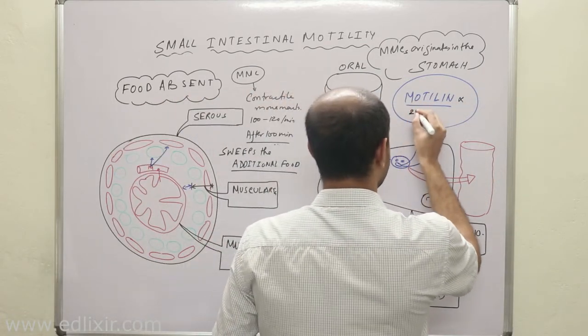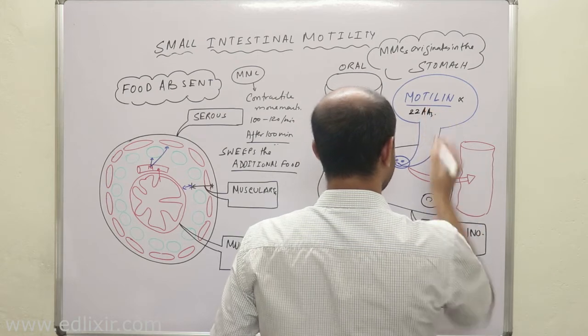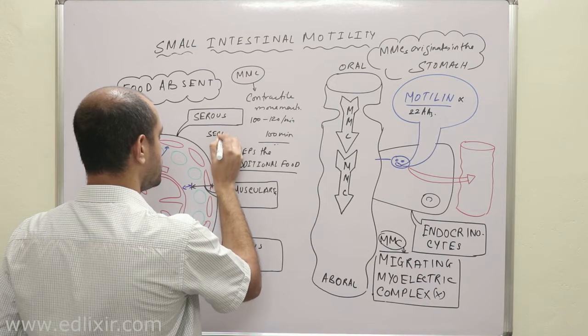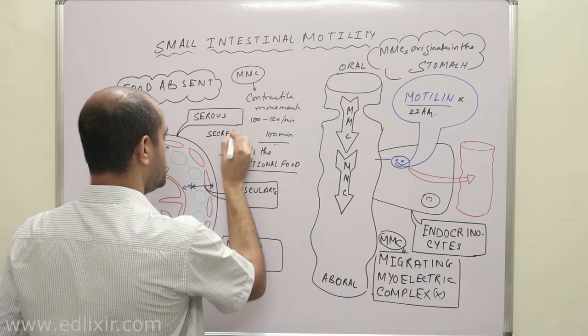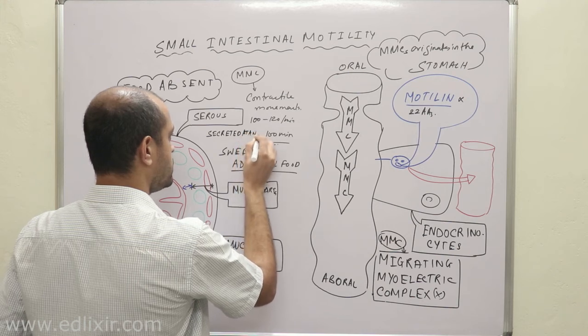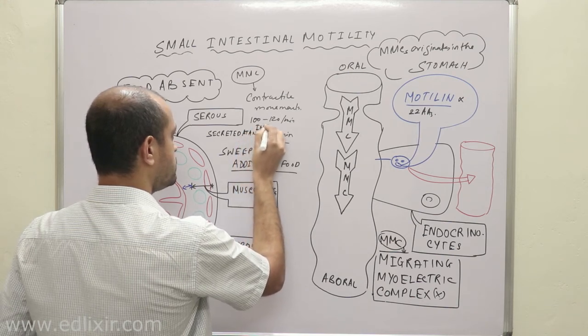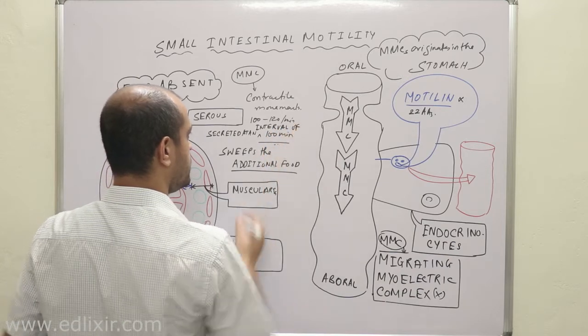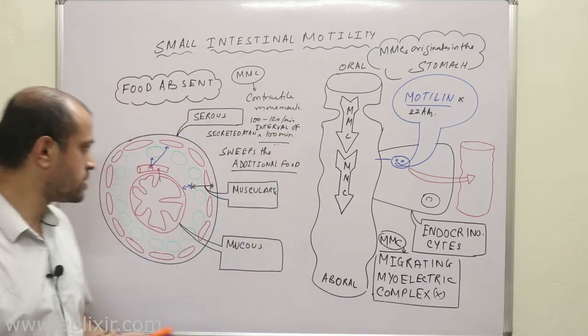Motilin is made up of 22 amino acids, and motilin is secreted at an interval of 100 minutes. Okay, clear?